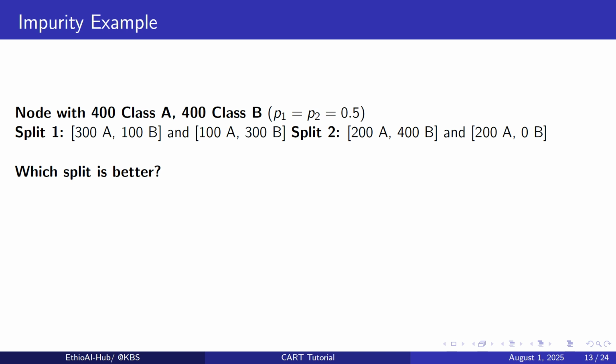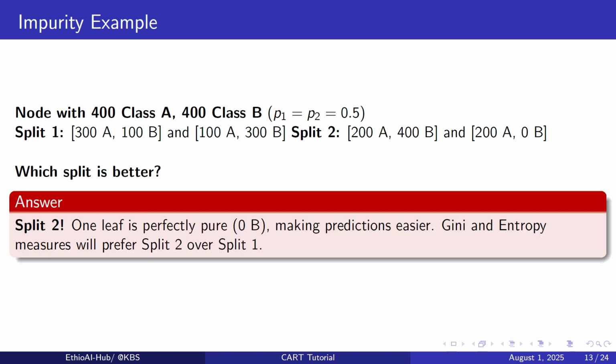Which split is better? Is it split 1 or split 2? Split 2 is obviously better, right? Because we have 0B, which means we have one pure leaf. So it makes the prediction easier, and both Gini and entropy will prefer split 2 over split 1.